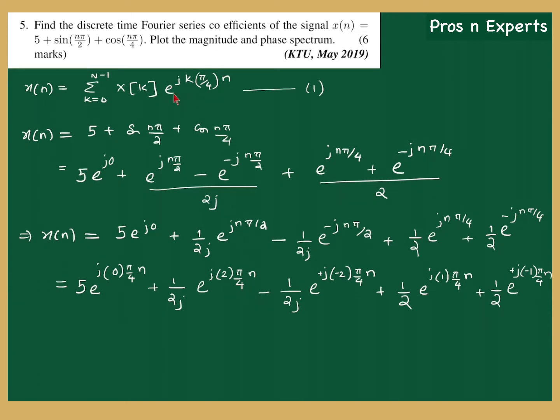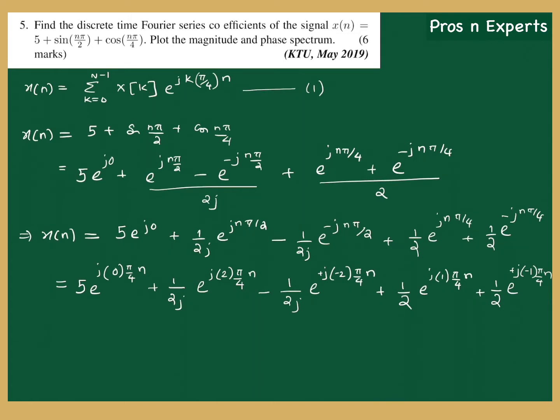So this portion is the signal, and whatever we can find as the coefficient of the signal will be x of k. That is very clear from this equation. Whatever be the coefficient of e raised to j k pi by 4 n will be x of k. Okay, x of k is the Fourier series coefficients which we need. That's what we have to record.